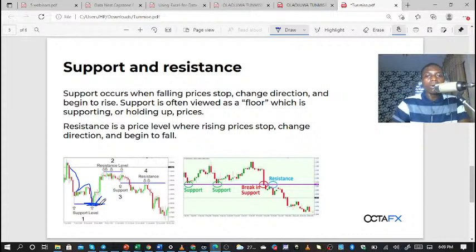Because it's just like now price is falling. When I throw something at you, okay, let me use someone as an example. Mohammed from Kogi. When I throw a ball at you, right, and you use your hand to catch the ball. Now, if you had not used your hand to catch the ball, what do you think could have happened to the ball? The ball would have touched you and fallen down, right, without anything to hold it back up.